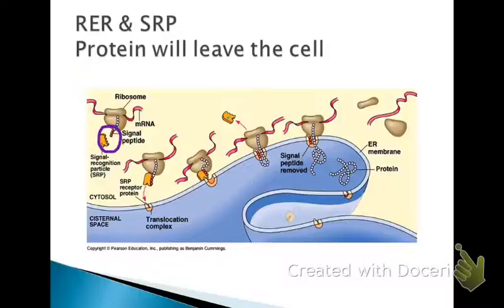And basically, it is like a siren that signals and yells out, hey, take me to the rough endoplasmic reticulum, okay? And so it will go there. This signal recognition particle will pick up on that, and it will guide it, you can see, and it takes it to the rough ER, okay? And so then it will be put into a compartment and fixed so that it can leave the cell and do its job outside the cell.